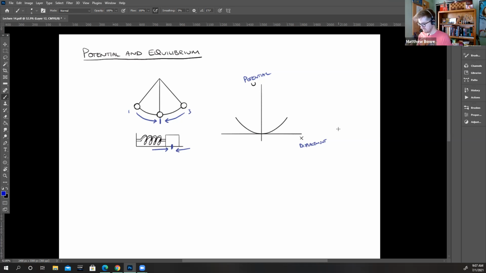If I give it just a little bit of a displacement, it will roll down this bowl and it wants to return to this lowest energy state. I'm going to call that 0, or its lowest state. This is called a stable equilibrium.